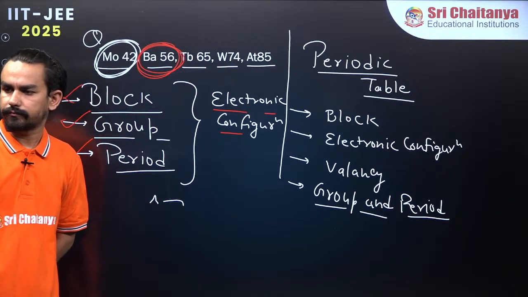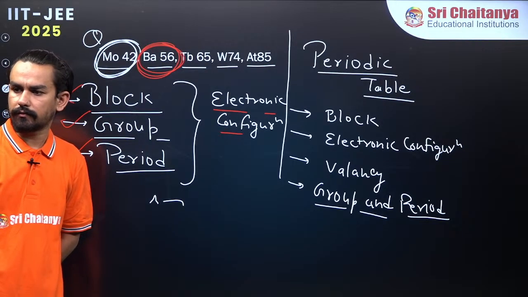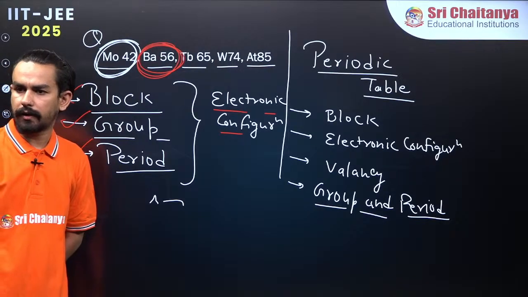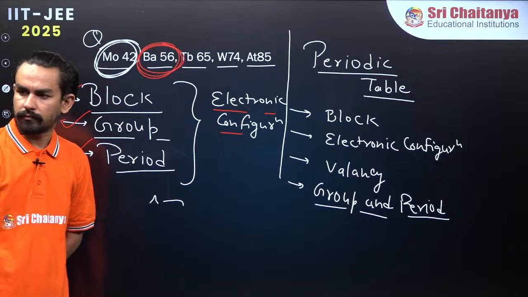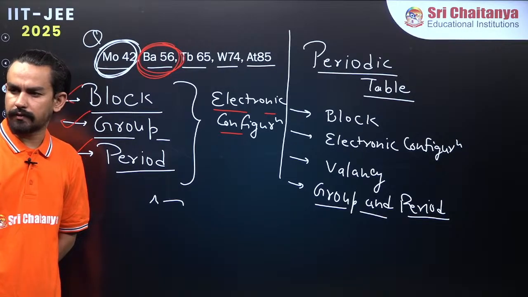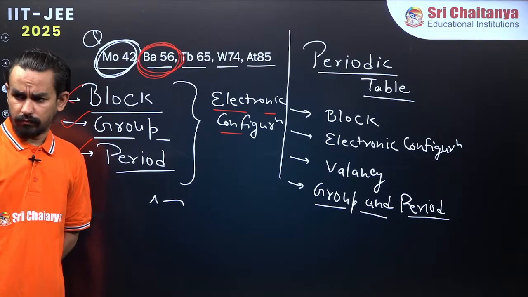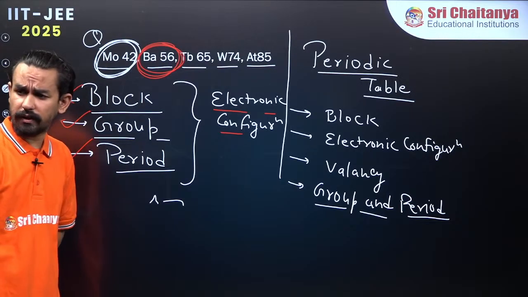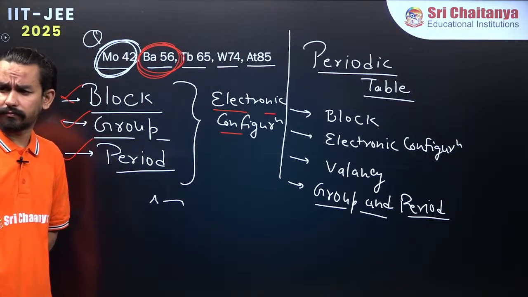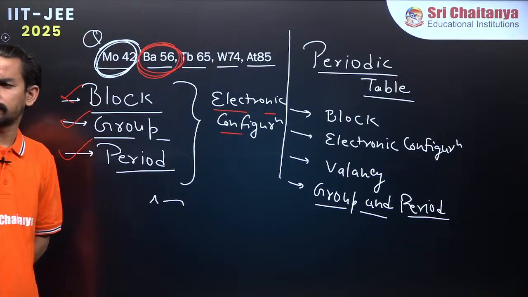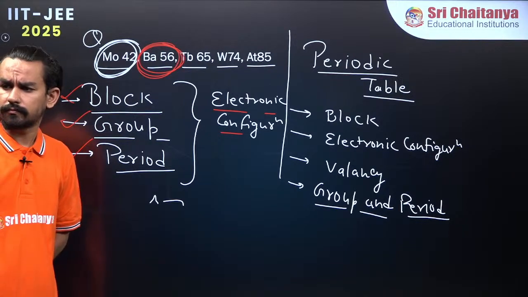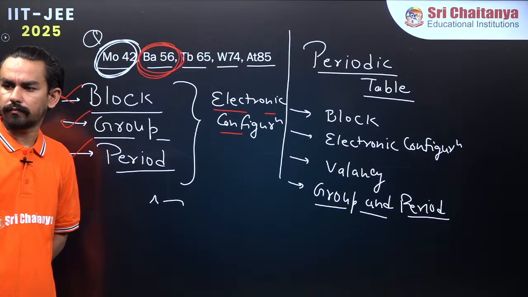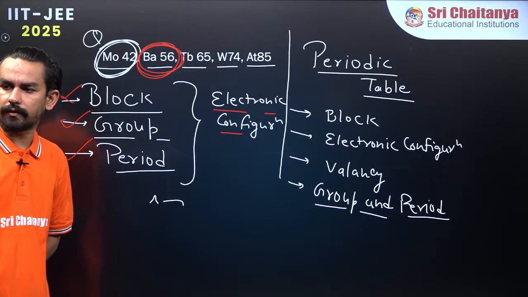Keep writing. What is the electronic configuration? Write the electronic configuration also. Okay, 6s2, very good, write it completely.